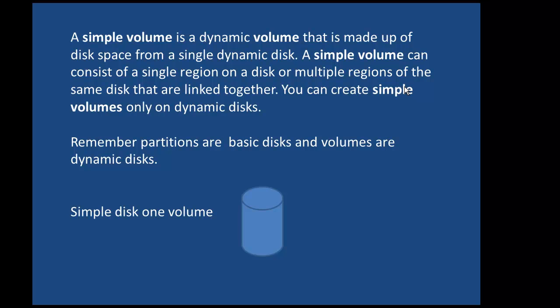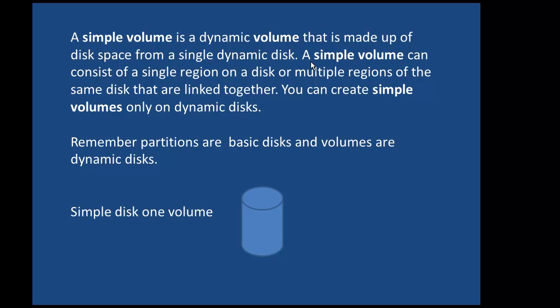Here we have an example of a simple volume. A simple volume can consist of a single region on a disk. So when I right-click on the disk, I will have a selection of whether I want to do a simple volume, a span volume, or a stripe volume.